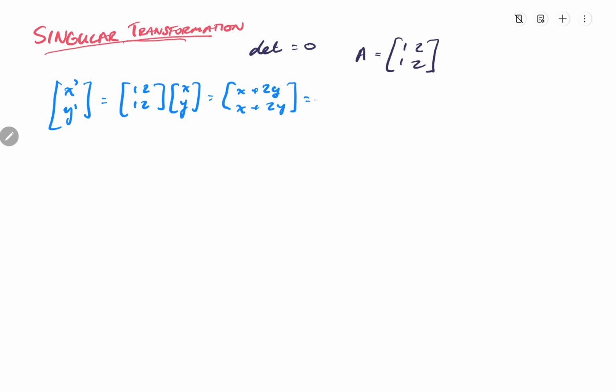That doesn't simplify further, sorry. So let's see what happens when we have the two rows in our transformation being dependent on each other. Let's have a look at our square again. If we take our 2 by 2 square, let's see what happens if we plug that in.